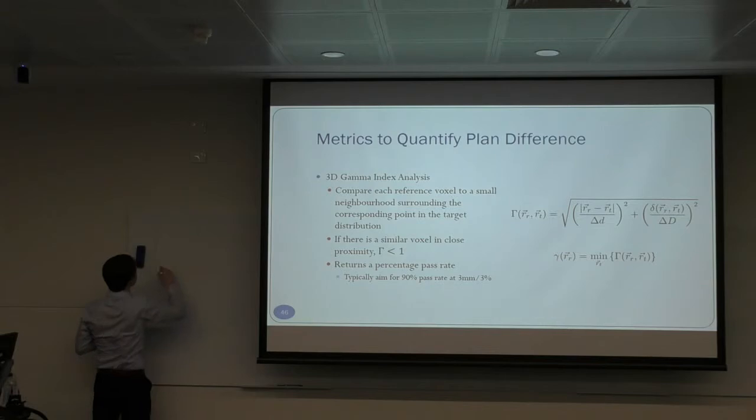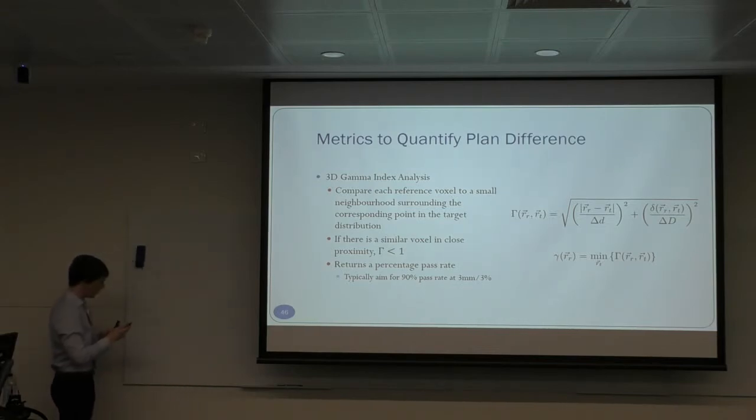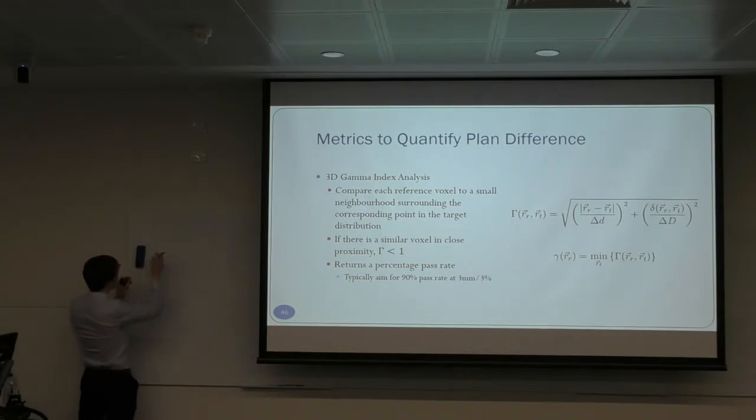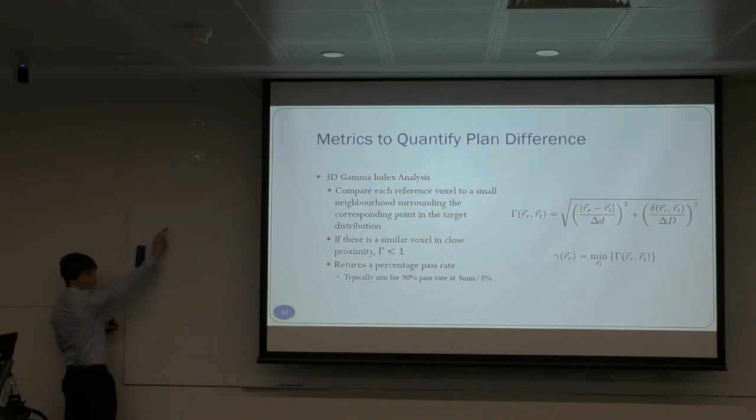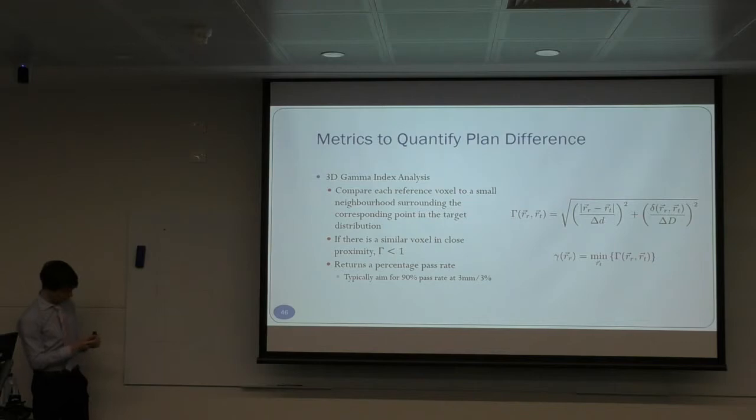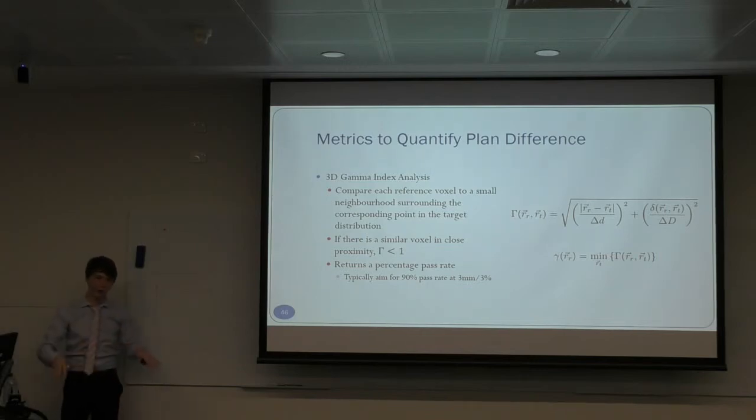If we have two distributions here, there's one, there's two. What I want to do is iterate through every voxel in the reference distribution. So say I'm iterating through and I've landed on this one. What gamma index analysis does is look at the corresponding point here and at a neighborhood surrounding it. If this point is similar enough to any of these points, then that's good, and you've got a low gamma score.